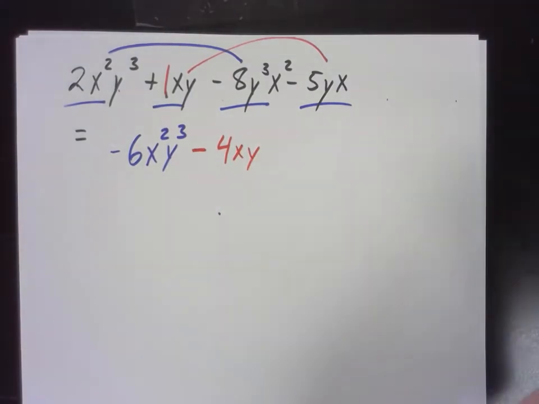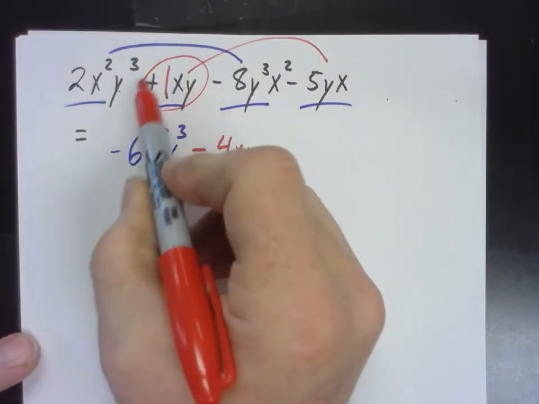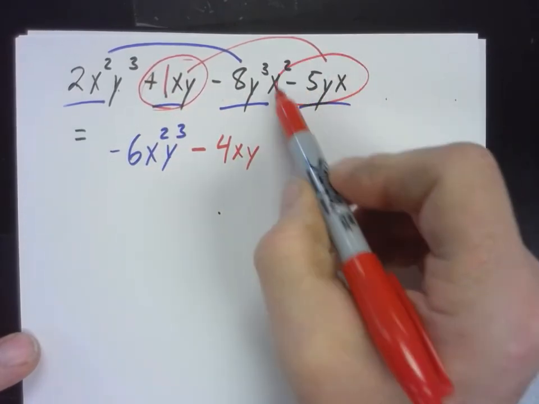But wouldn't you times those before you put those two together and they'd still be the same? Well, see, I'm just taking this whole term right here and adding it to that whole term right there.